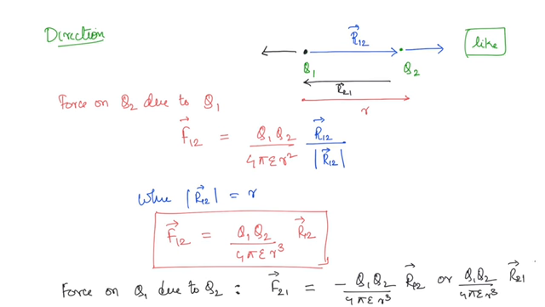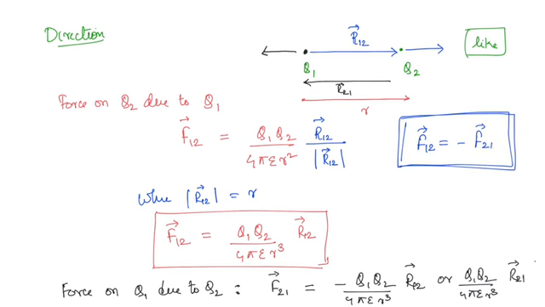Here you can write F12 bar and F21 bar in terms of one another. What will be the relation? F12 bar will be equal to minus of F21 bar. So their magnitude is same, but their direction will be opposite, right? So this is F21 bar and this is F12 bar. So they are opposite in direction.